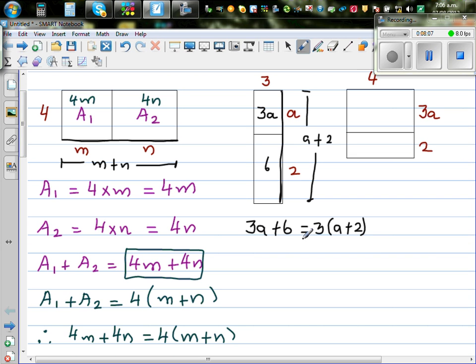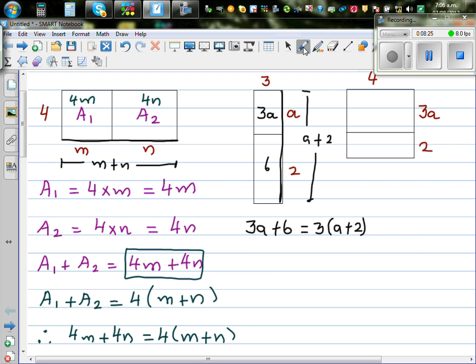So let me explain this in a different way. 3a plus 6 in the figure: this is the area of the top rectangle, 3a, and this is the area of the bottom rectangle, which is 3 times 2, the base is 3 and the height is 2. So 3a plus 6 is the same as writing 3 times (a plus 2).